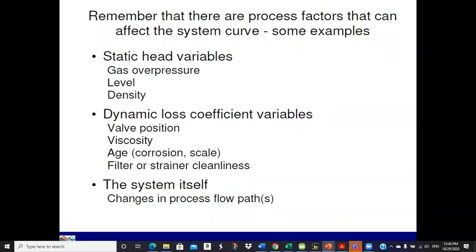Filter or strainer cleanliness. Strainers are devices that the flow goes through. They have a mesh, like a cylinder made of screening material, and the fluid has to flow through that mesh. So any particulates, anything large enough to get trapped in the mesh, builds up in the strainer.